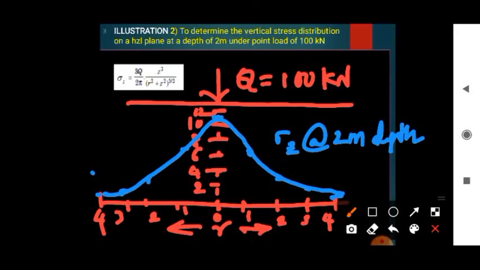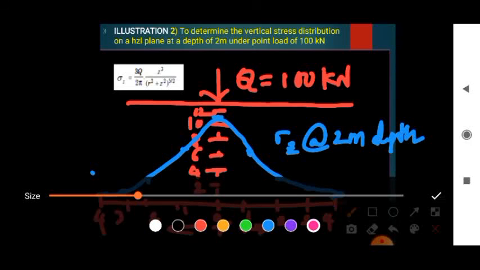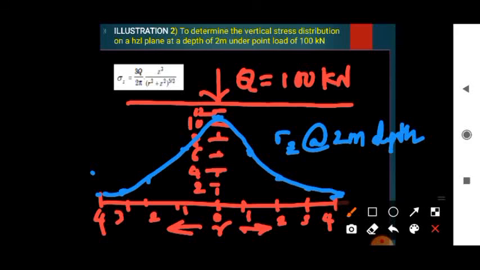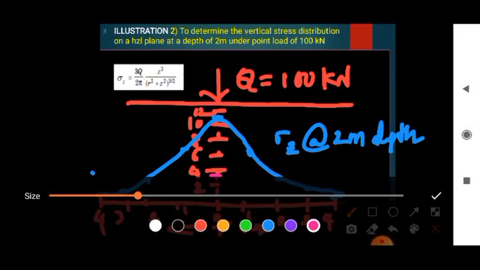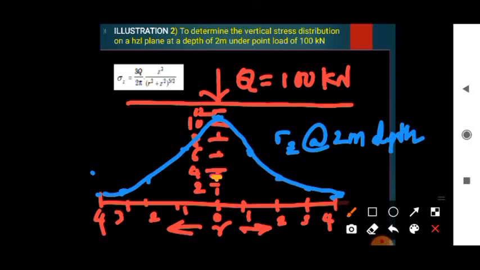Now if we take the deeper depth into consideration, say 4 meter, the values are 2.98 at r is equal to 0, then 2.56 on both ends, left hand side as well as right hand side, then 1.78, then 0.98, then 0.53.